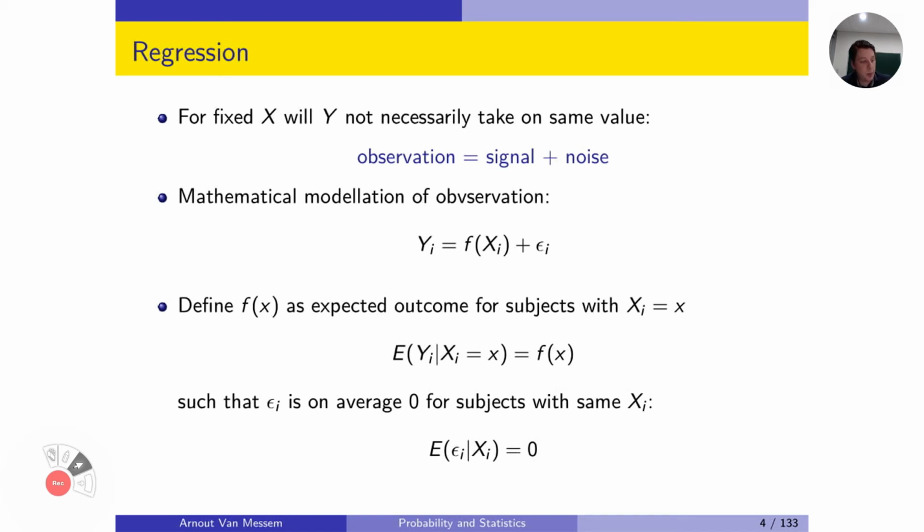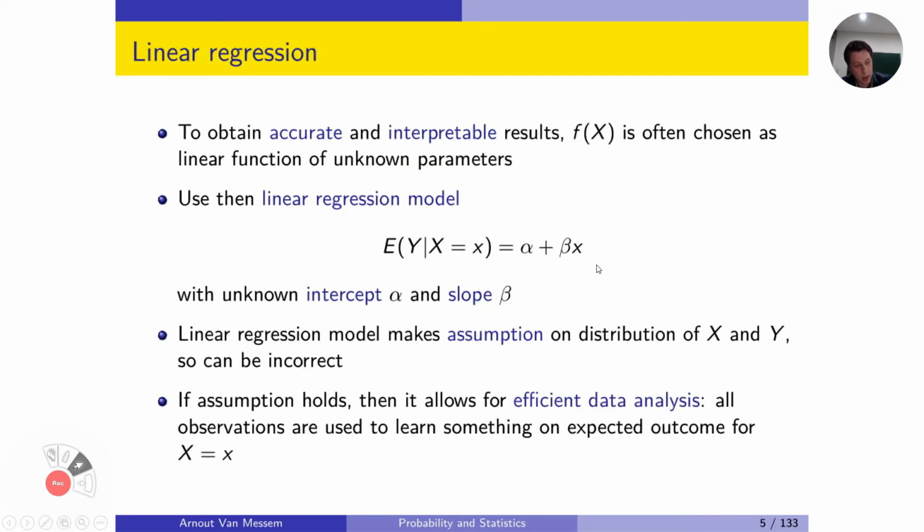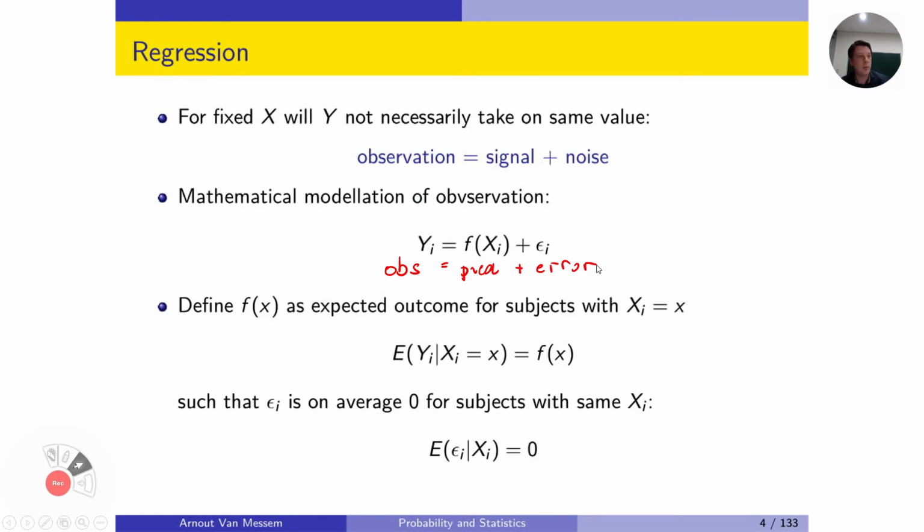So on the one hand, we have the observation yi equals the prediction by the model plus some error term. The prediction will also be noted as yi hat.